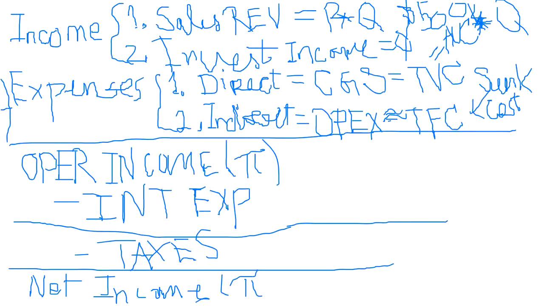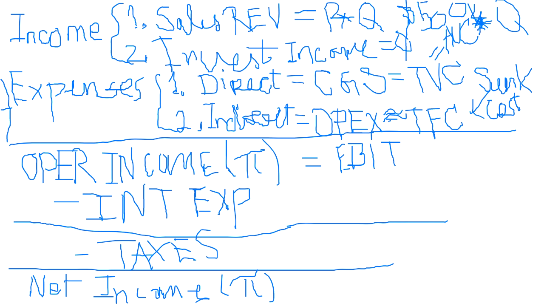Okay. But then there are so many names, right? In other words, they don't go by just one name. Another name for operating income is also called EBIT. Okay. And what does EBIT stand for?